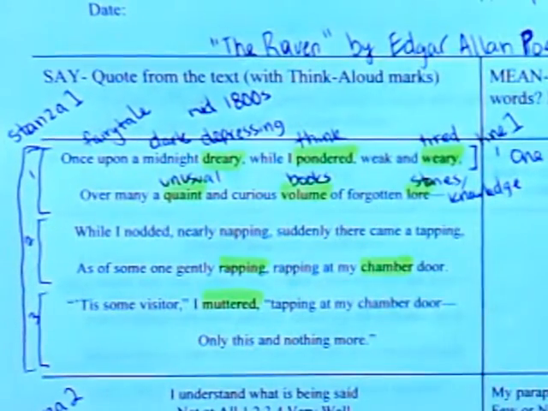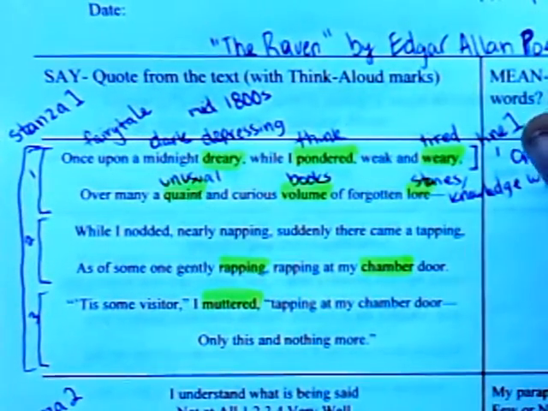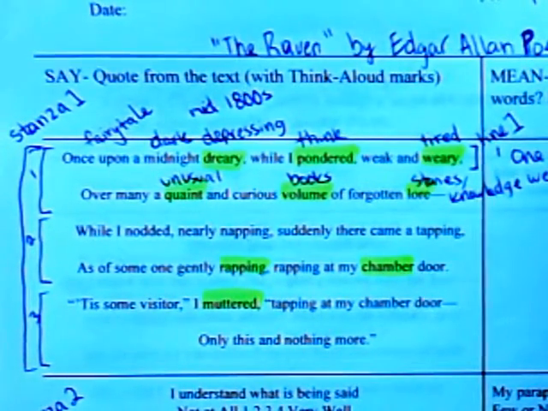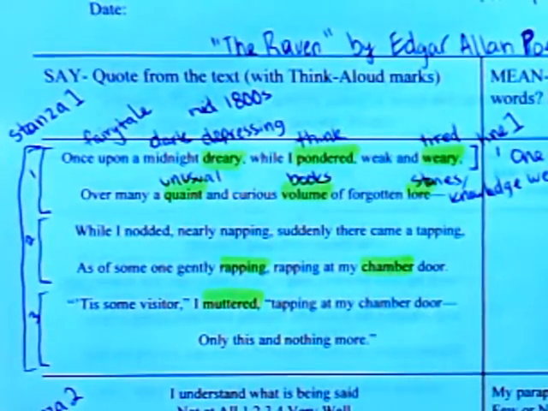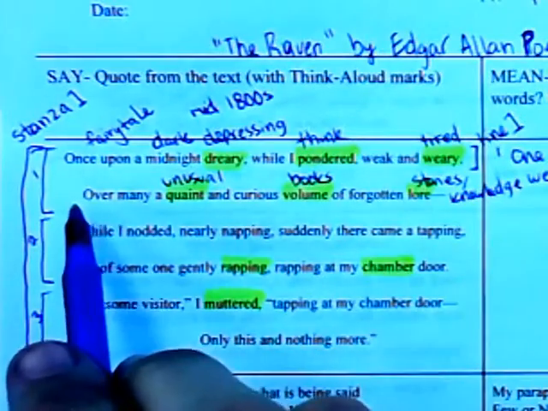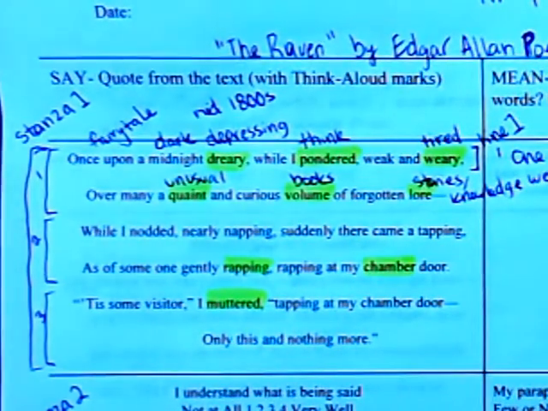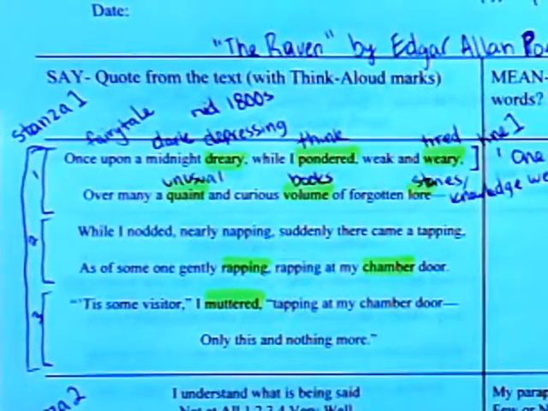So, while I was weak and tired, I thought. And then instead of "over," I'm going to say "about," because usually you don't think over things, you think about things.